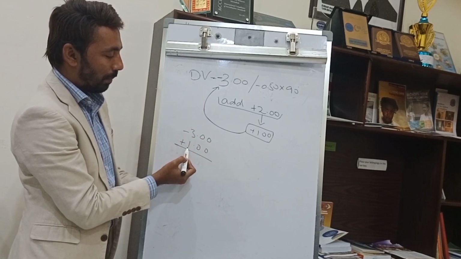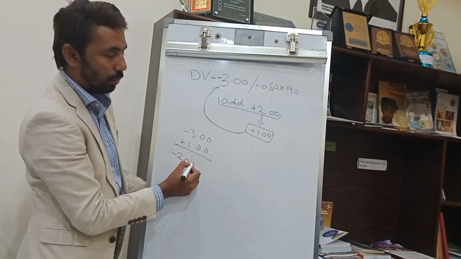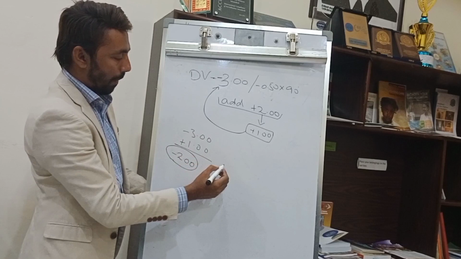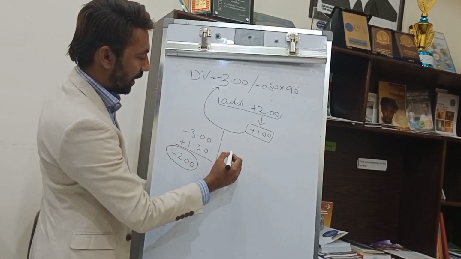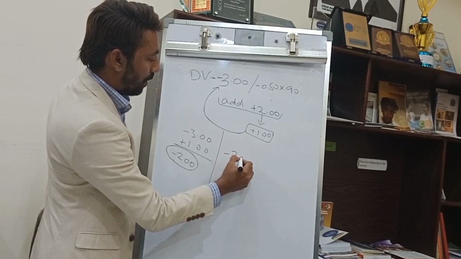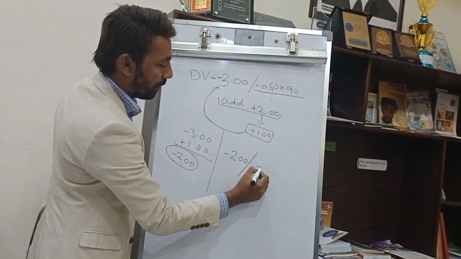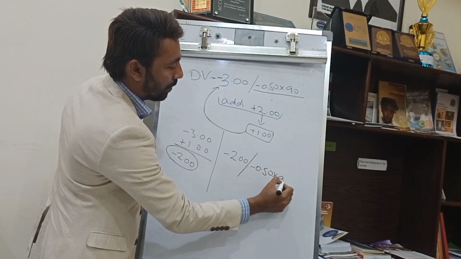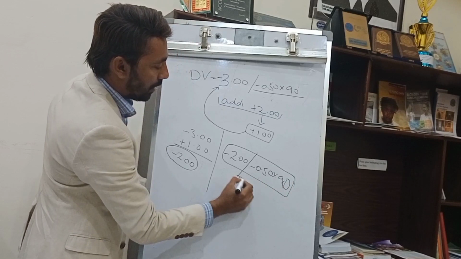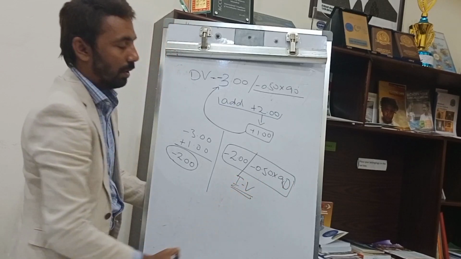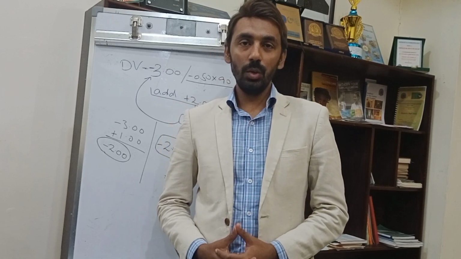We will subtract plus 1 from minus 3, and the answer would be minus 2, right? So our intermediate vision correction would be minus 2 with the same cylinder. So this is our intermediate vision. Hope this is clear. We'll see you in the next video.